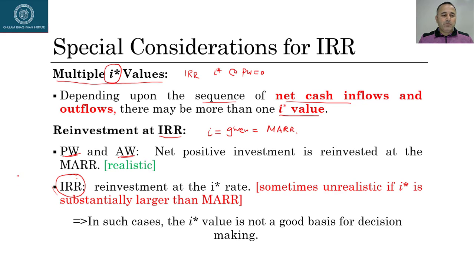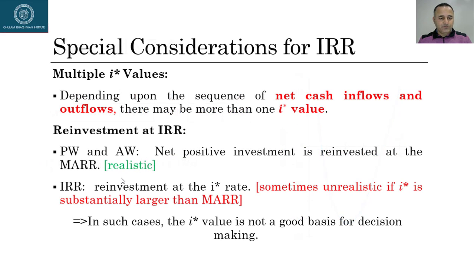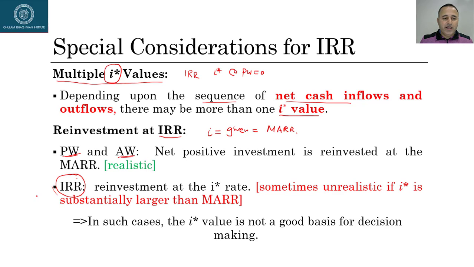Okay, and for example, in one of my examples, as you can see, the IRR is extremely high. It is 41.35%. Okay, there are hardly any projects where I can expect a return of 41%. Okay, in IRR, if I'm using IRR as a tool for analysis, what my assumption is that I have the ability to reinvest my positive cash flows at the internal rate of return.